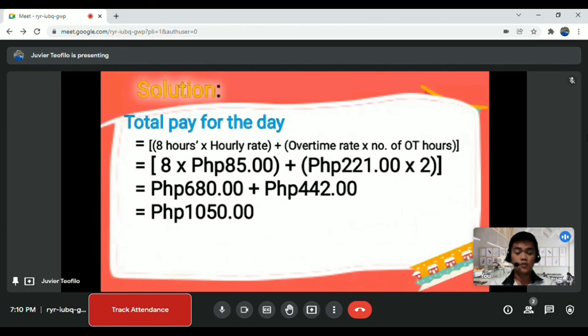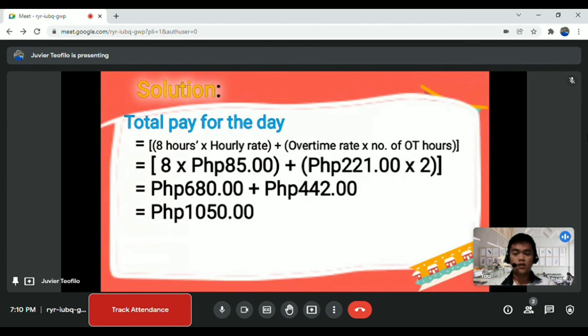And if you multiply 221 times 2, it is equal to 442 pesos. Now, to sum it up, we have the final answer of 1,050 pesos. So, this is our final answer in overtime pay for Myrna.